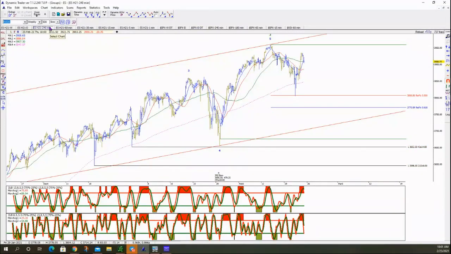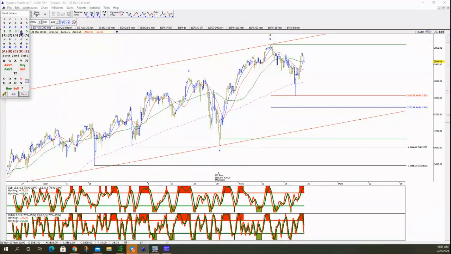Here's the 240-minute chart. What we were tracking here is trying to determine where this green-red 4 comes in. Typically, and I've told you before, wave 4s are usually 38% to 50% pullbacks from wave 2s.